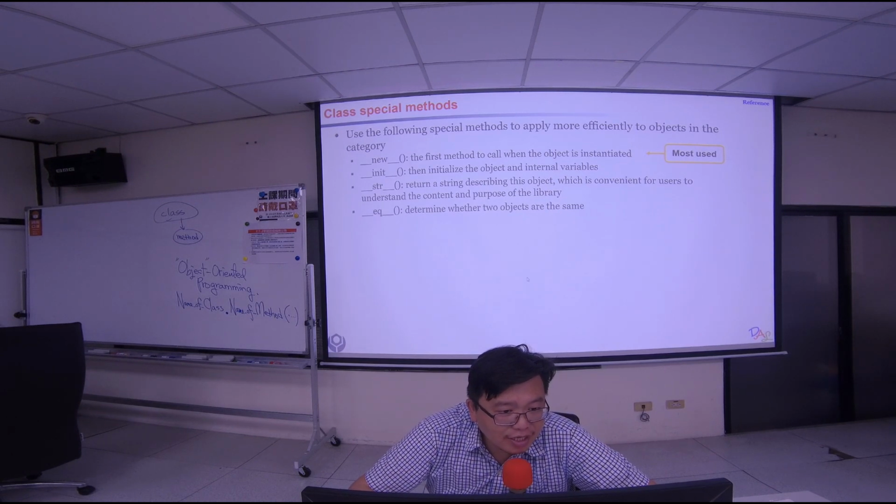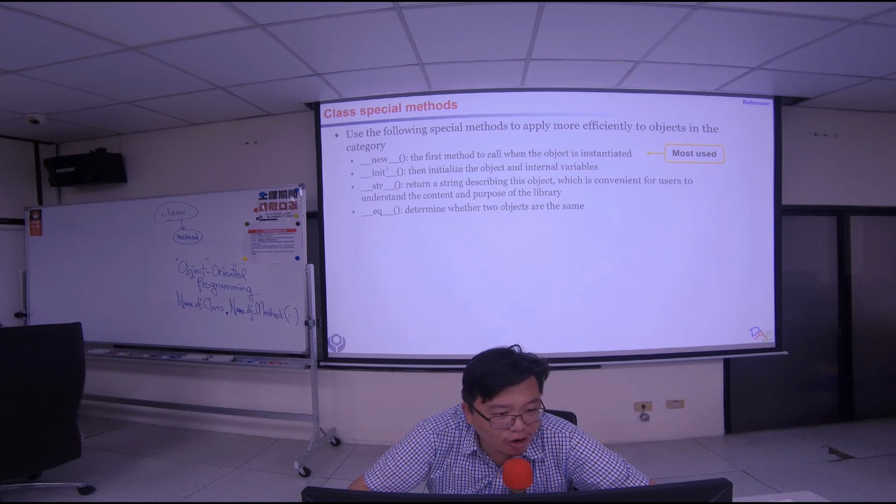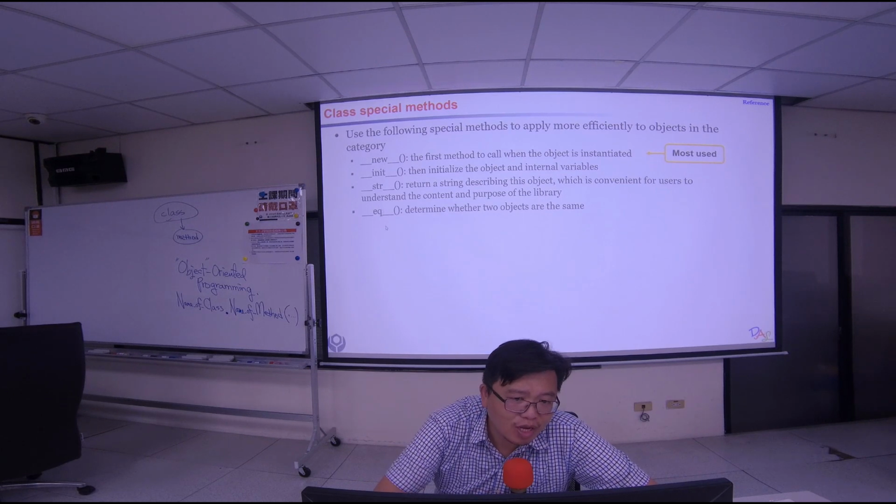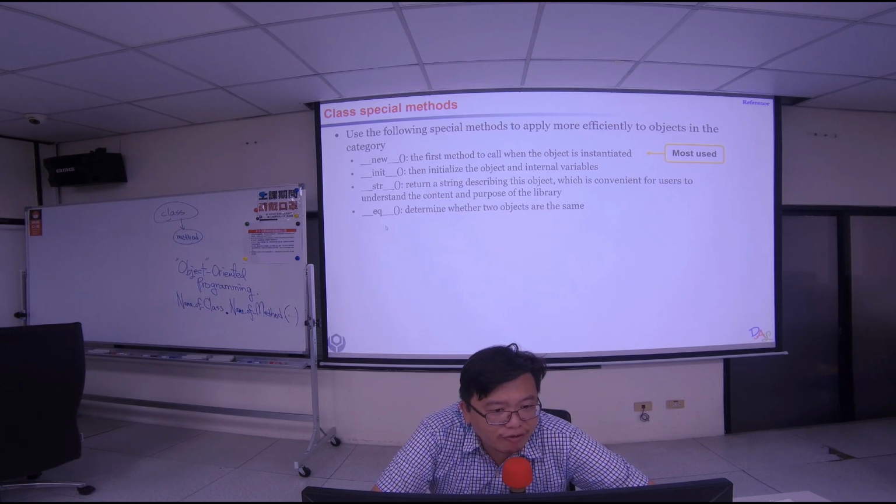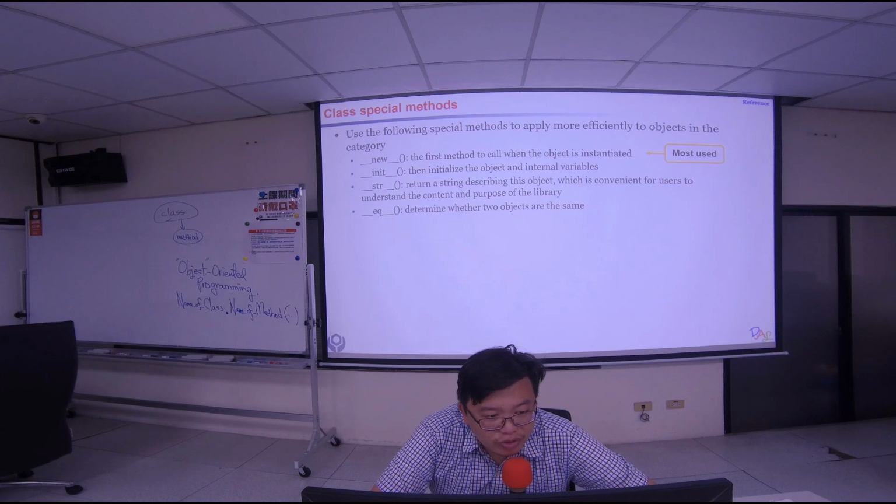And these are 4 examples. So they are unique functions only for Python. And for all kinds of class you build, you can use those special methods. And Python understands what those functions are for.